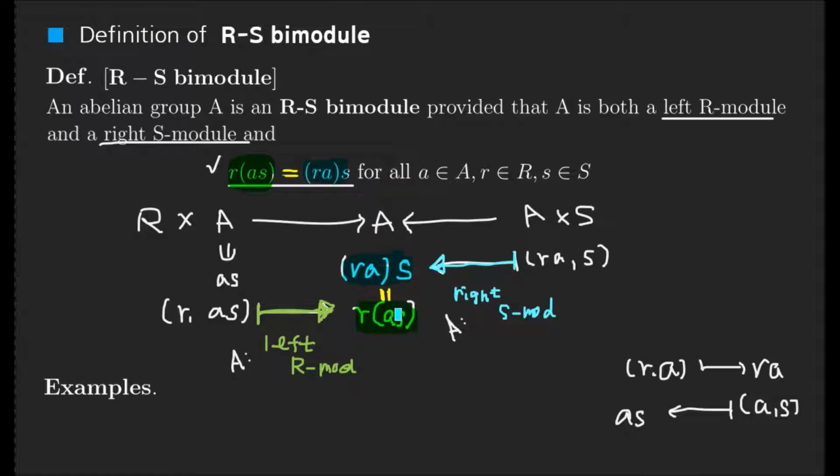This equation means A is a left R module as well as a right S module. Anyway, if this property holds, then A is an RS bimodule.